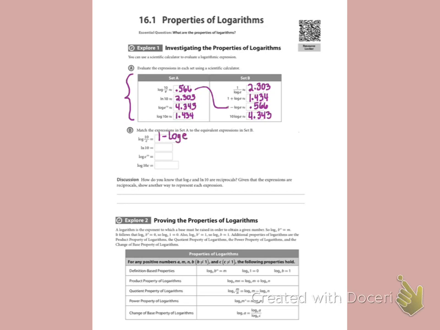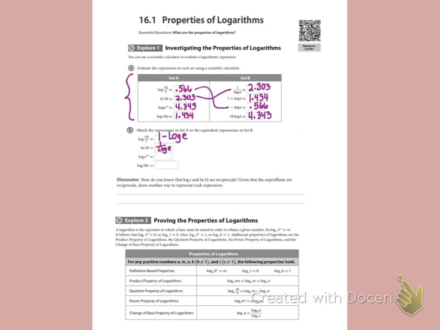And I can see that the natural log of 10 matches up with 1 over the log of e in set B. So this is kind of unusual anyway, seeing log with e. Usually you'd think of ln, or natural log with e, and 10 with log.